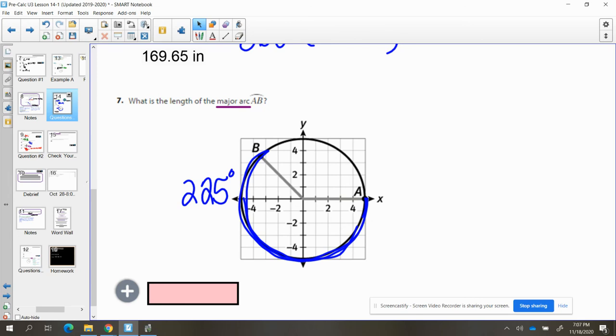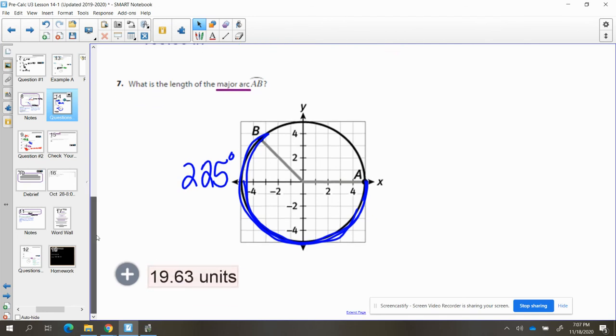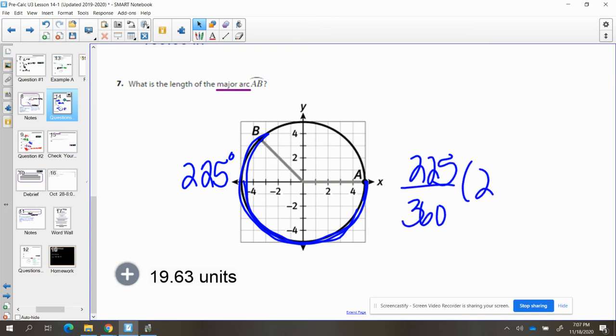And again, using our arc length formula, we could plug that in and get our final answer here of 19.63 units. Okay. And again, that's just found by putting this into the arc length formula. And in this case, our R is found by counting here our units.